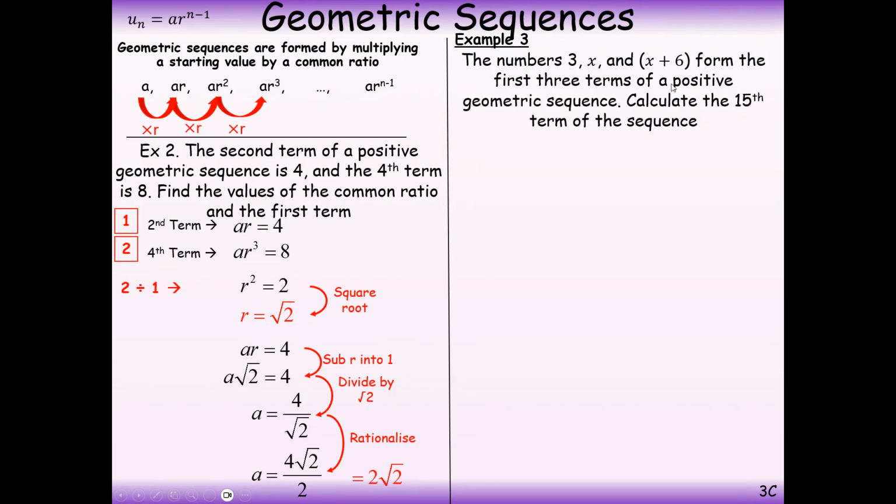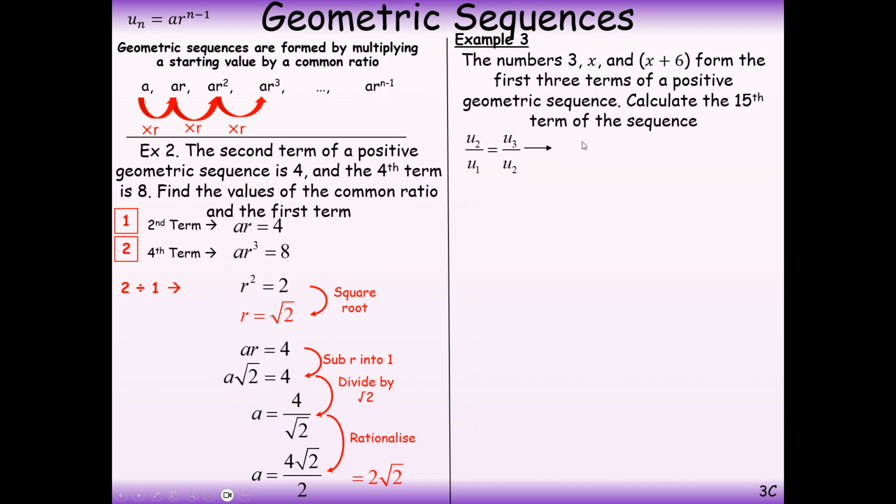Another way of thinking about the common ratio is dividing the next term by the previous term, or the current term divided by the previous term. So that means x plus 6 divided by x is one way of writing r, and another way of writing r is x divided by 3.